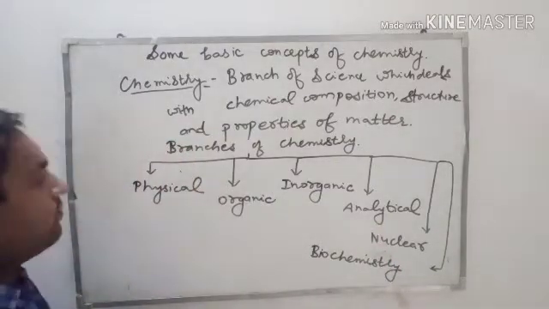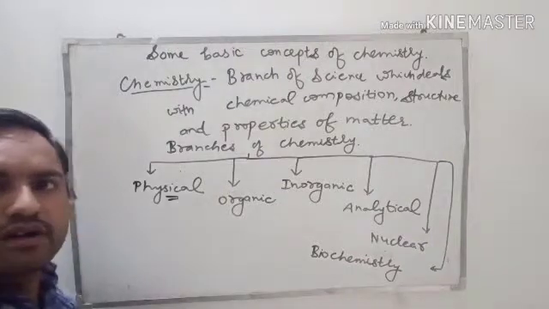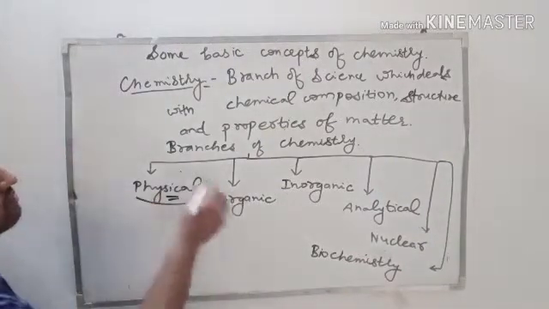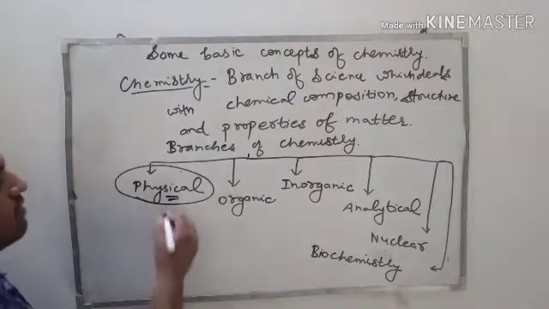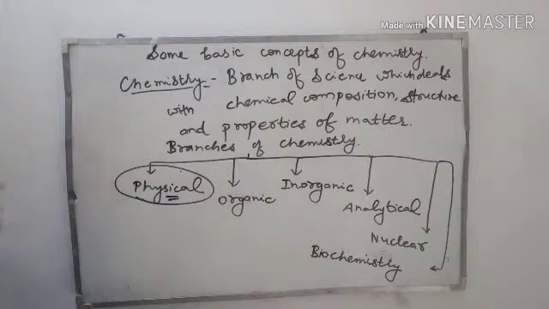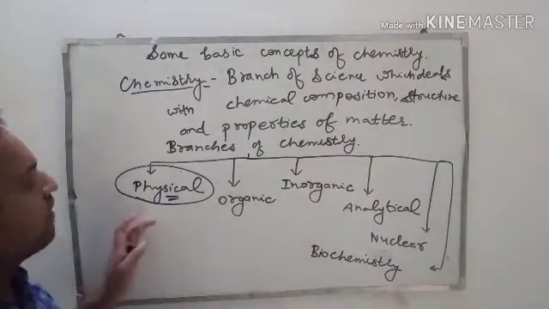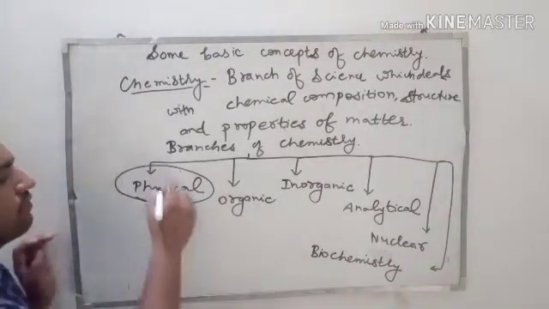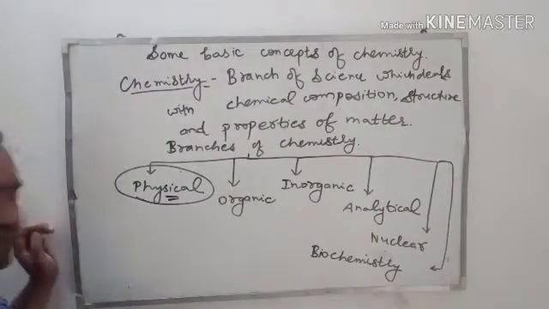So, what is the first point? Physical chemistry. Physical chemistry deals with the physical properties. In physical chemistry, we basically deal with the physical aspects of chemical compounds or elements or matter.